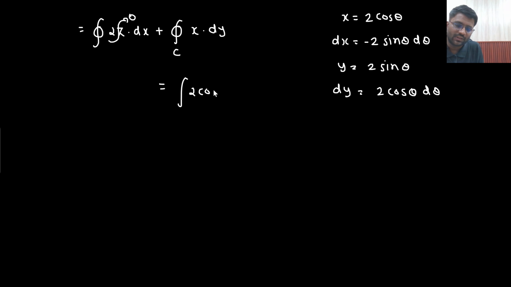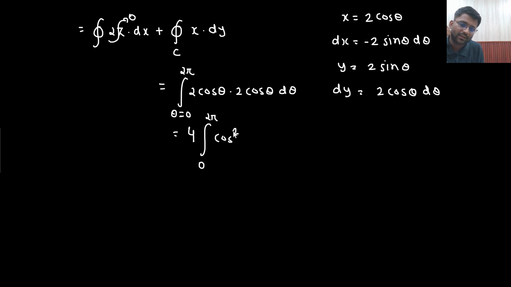So x is 2 cos theta and dy is 2 cos theta d theta. 4 you can take common, and theta goes from 0 to 2 pi: 4 times the integral of cos square theta d theta from 0 to 2 pi. What is the answer? Pi. So the answer is 4 pi.